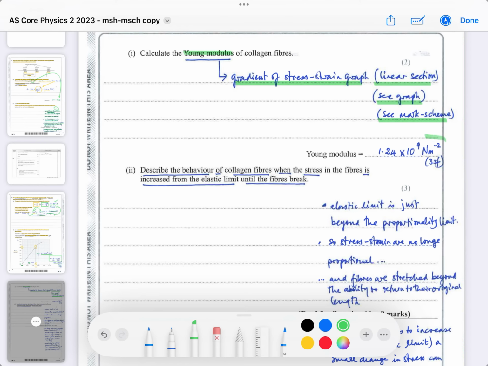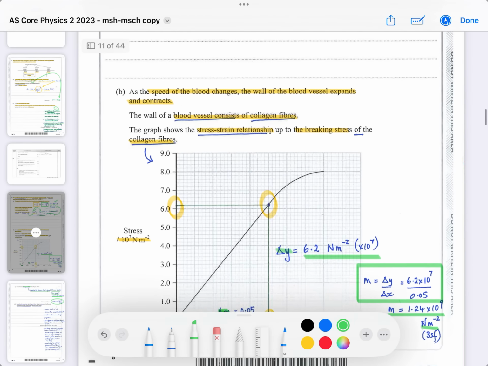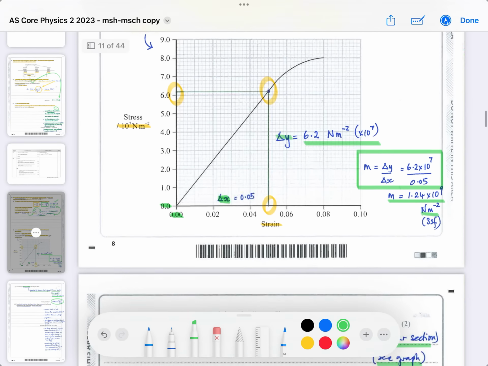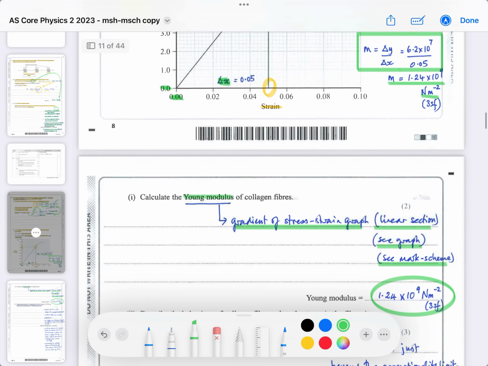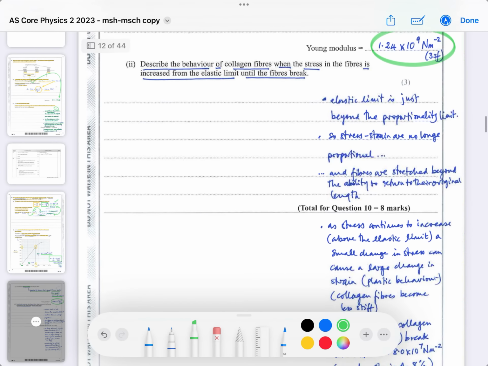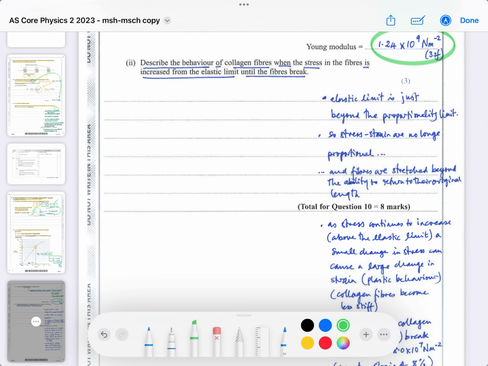And then you could keep it in 3 significant figures, or you could change it to 2, depending on how accurately you think you know it. No data has been given, so it's all from the graph, and I think 2 or 3 significant figures, probably 2, is sufficient.